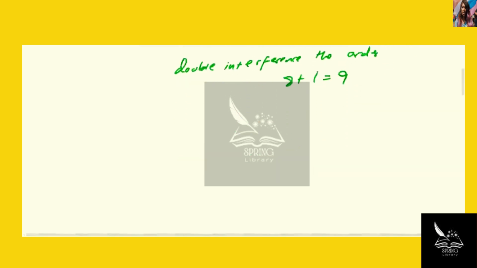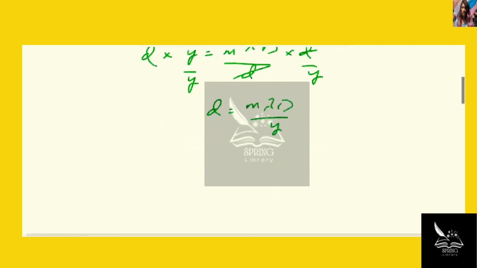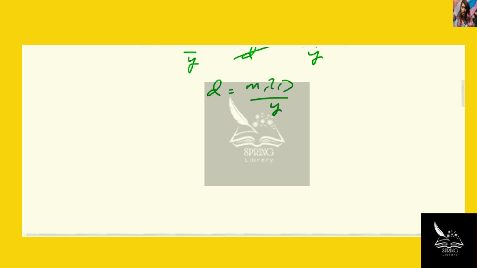So we can go ahead and work through the equation. Y equals m lambda capital D over small d. And so we can multiply both sides by d and then divide both sides by Y. And so d equals m lambda capital D all over Y. That's what we're dealing with.